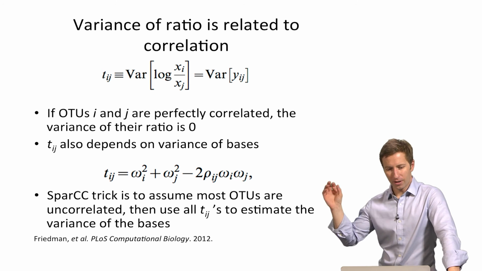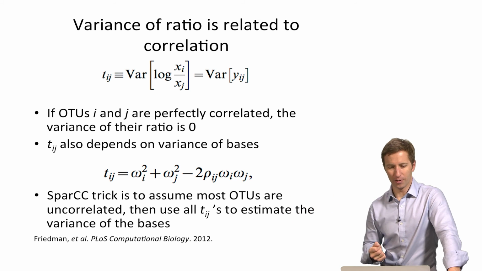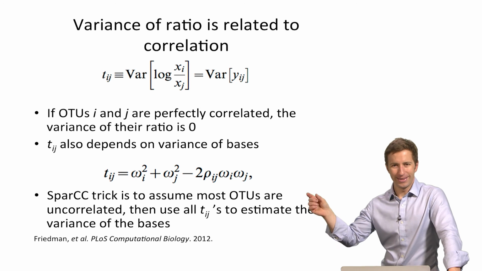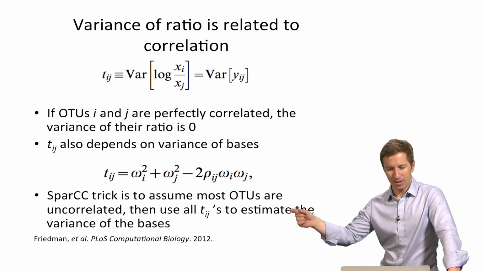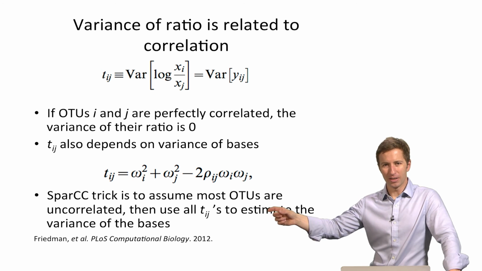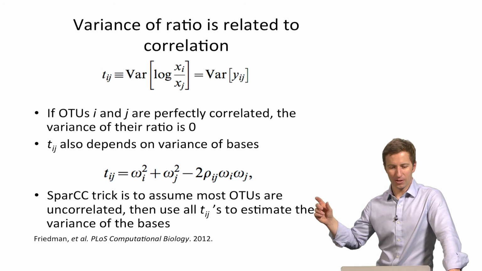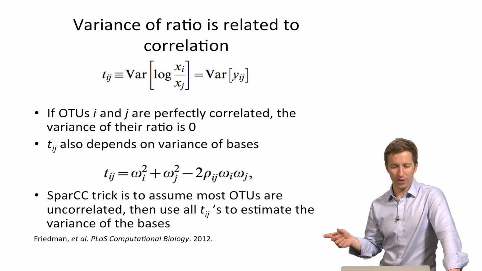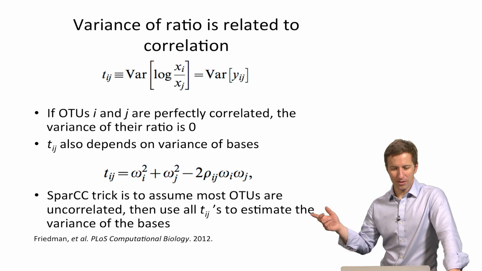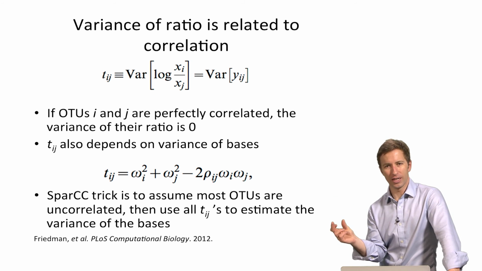So now they define a new term, Tij, which is the variance of the ratio. In fact, the variance of the log of the ratio. Then they do a little bit of other algebra and show that the same Tij can be defined in terms of the variance of the absolute abundances of species i, plus the squared variance of the absolute abundances of species j, minus this other term. And this term has the correlation in it.